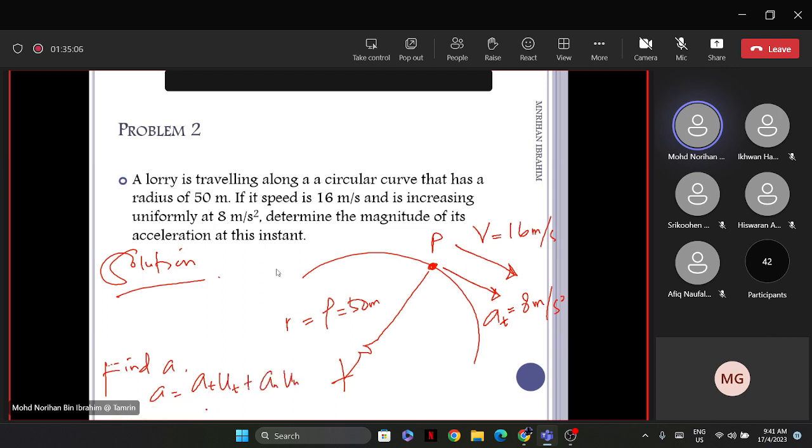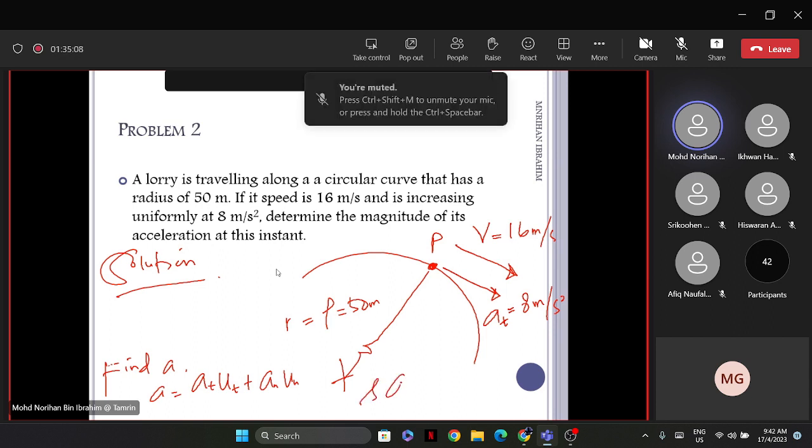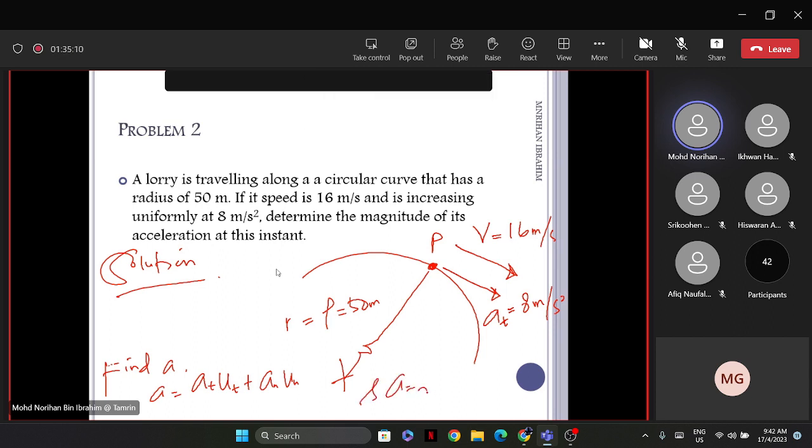And to get the magnitude, A is equal to the square root of AT squared plus AN squared. So you need to find out what AT and AN are before obtaining the magnitude of acceleration. Okay?